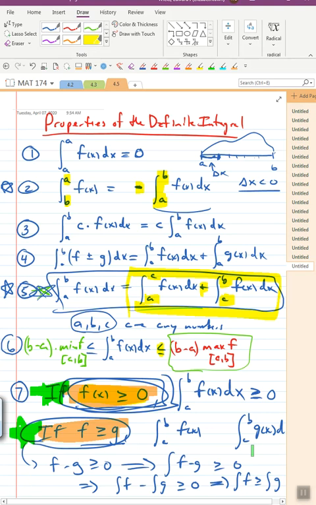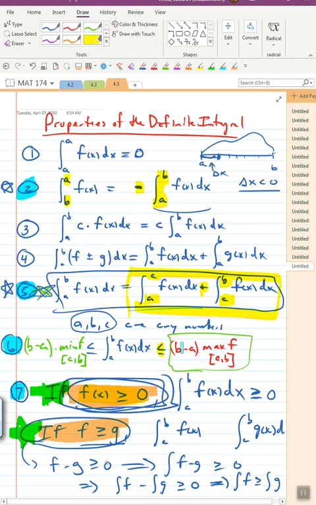Half of them are limit properties you already knew. Two of them are sort of definitions. I'd be thinking about this one and this one, although they're easy to justify when you draw some pictures. The rest of these involve estimates.